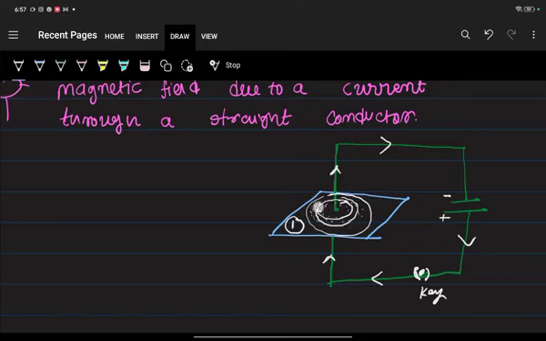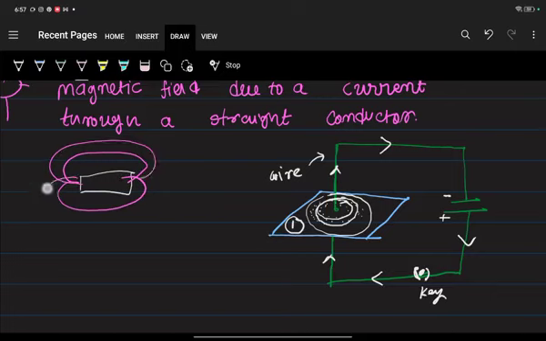So from here we can see that the magnetic field produced by the electric wire is different from the bar magnet, because the magnetic field lines of a bar magnet were somewhat like this. But here we can see it is making circles, right?